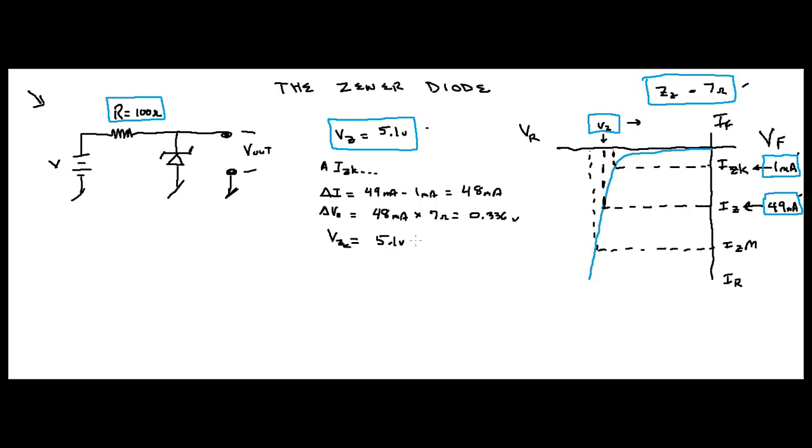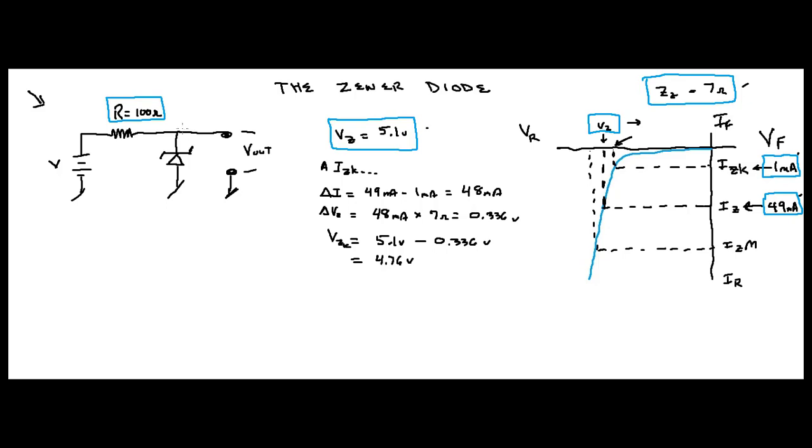So we're going to subtract 0.336 volts, right? Now, if you do that, you're going to come to a value of 4.76 volts, all right? So that's going to be this voltage right here. That's what you just figured out.